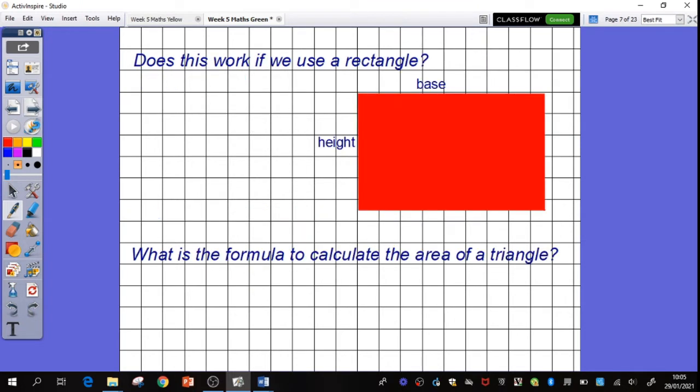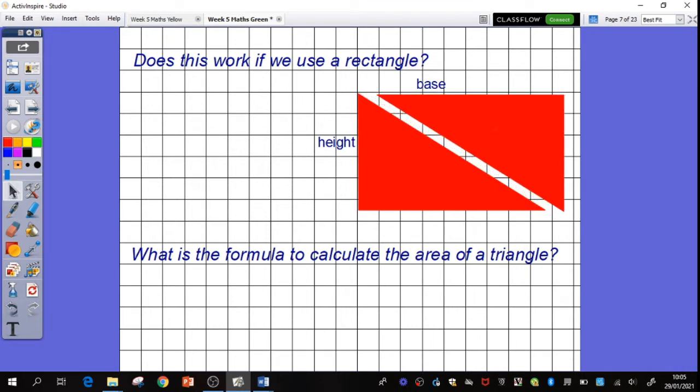Let's see if this works with a rectangle. So if you want to, you can pause the video now, go and get just a sheet of paper, don't do anything with it, that would then be a rectangle, and you can do it here. So does it work if we do it with a rectangle? Do the same thing. Fold it over. Does it work there? Yeah, there's my triangle. I've got 2 triangles now, but what am I doing?